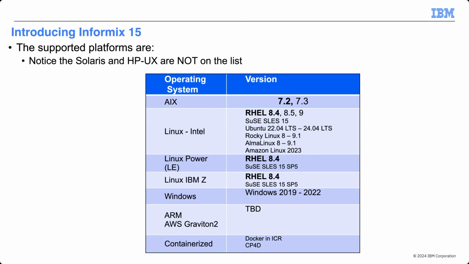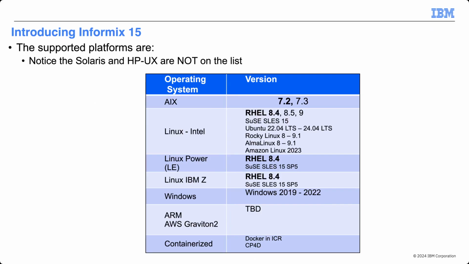The numbers that are in bold, for example, AIX 7.2 or RHEL 8.4, those are what we call our build platforms. So these are the platforms that we actually compile the software on, and then the other versions that are shown have certifications for them.